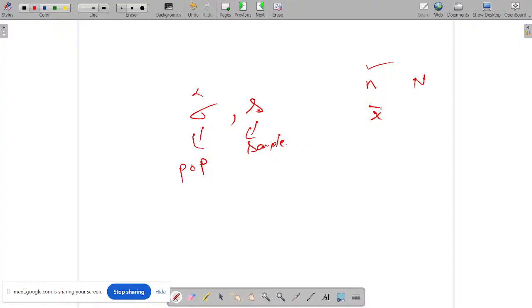X bar we use it for arithmetic mean of sample, mu we use it for population arithmetic mean. Likewise, S has to be used for sample and sigma has to be used for population. But usually interchange, no issues. That's not a wrong thing at all. There's another logic behind that, no issues. So whether you're using sigma or S, it means the same only. Logically it is not right, but depending on some circumstances, I can use it.